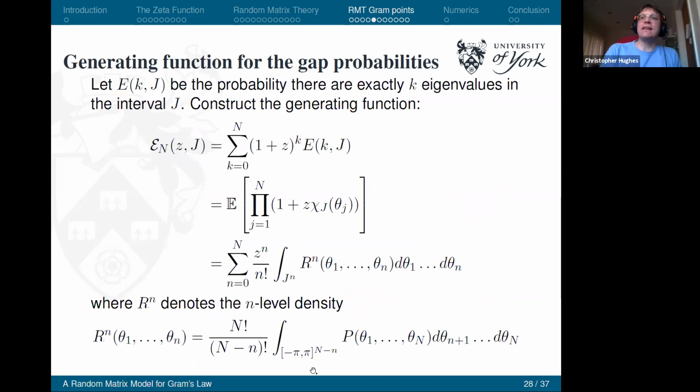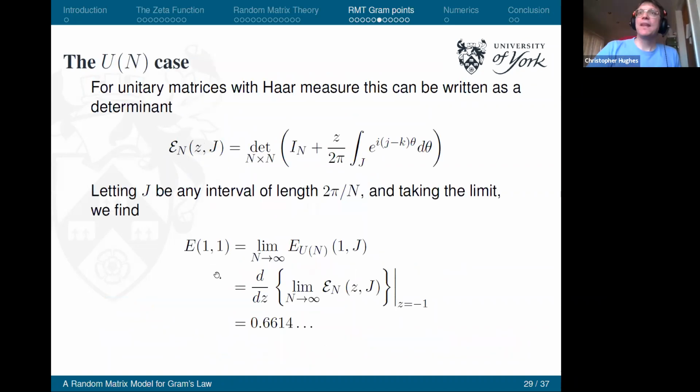The n-level density is where you say, what's the probability density of having eigenvalues at theta 1 and theta 2, and I don't care about the rest, so integrate everything else out. So R2 would be fixing 2 values to have an eigenvalue at, and you don't care about the rest. You integrate everything else out. So that's what's going on over there. And a bit of thought shows that these are equalities, and they're true for everything.